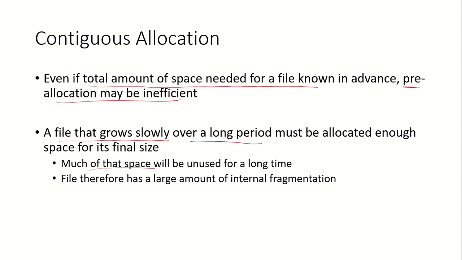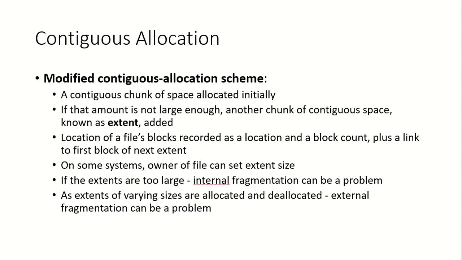So much of that space is unused for a long time and therefore we can say that for that particular point in time, till the time that file is not using that allocated space, there is a large amount of internal fragmentation. That means whatever space was allocated to that file, a lot of that space is lying wasted.